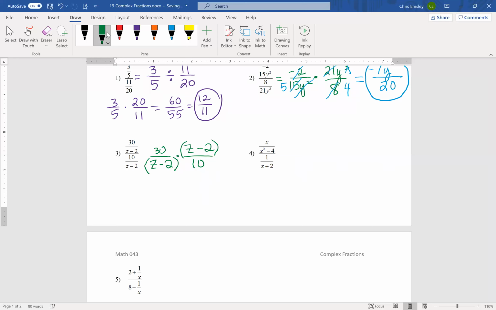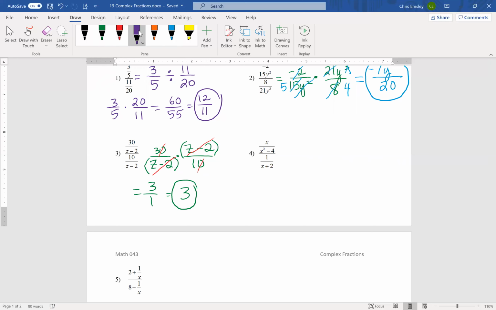So we can see we have 30 times z minus 2 over z minus 2 times 10. Since those are multiplied together, since they are factors, we can cancel each of those. And 30 over 10, they are both divisible by 10. So if we cancel 10 from both of those, we just end up with 3/1, or just 3 for our final answer.